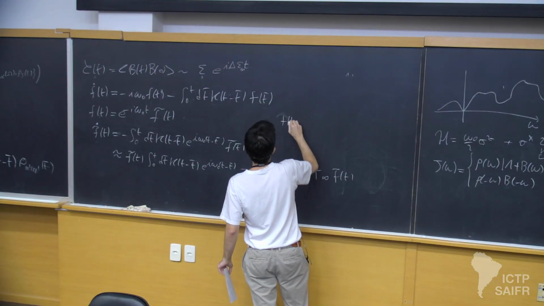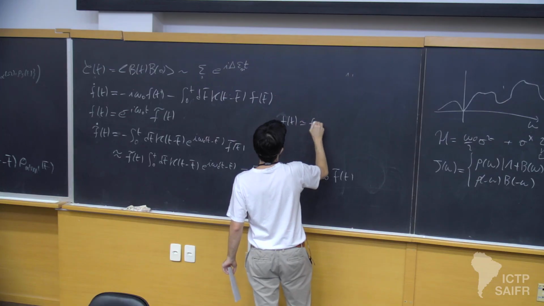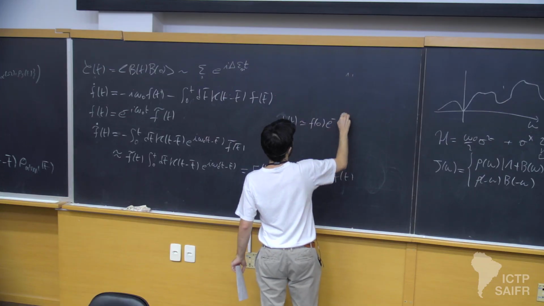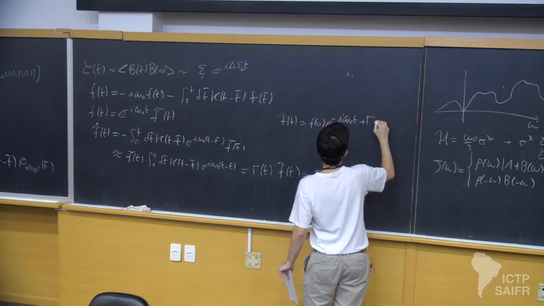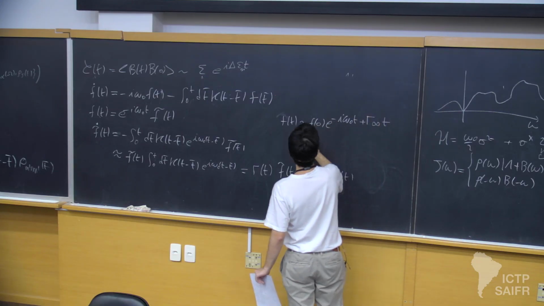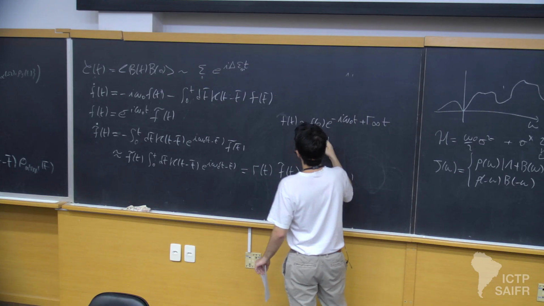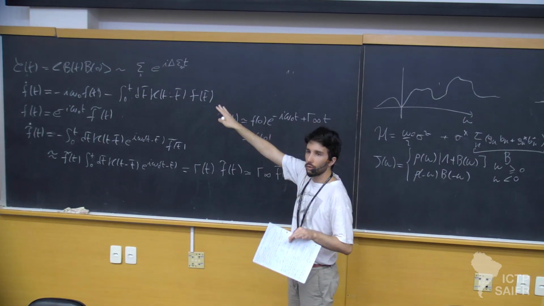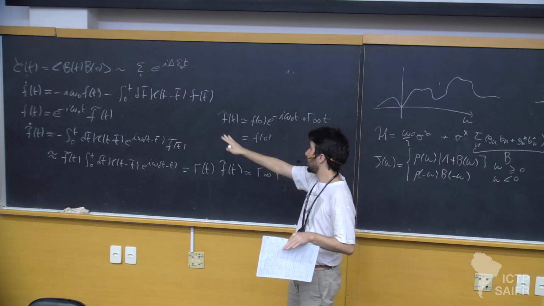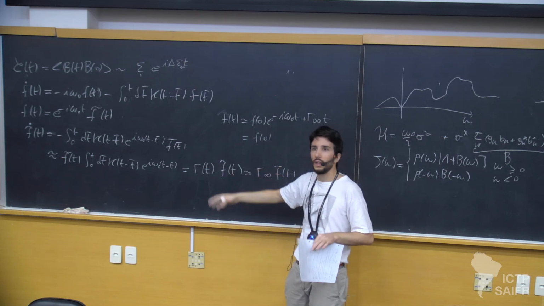So if you put everything together in the Markov approximation, you get this, which, as I showed you yesterday, is like the solution of the Lindblad master equation or Redfield: just a bunch of exponentials.